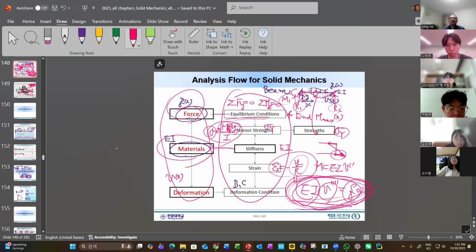I know you're a little bit bothered by solving all the differential equations, but you don't have to worry. We have very nice tools, differential equation solvers, and AI, ChatGPT or any tools. Don't worry about that one. As long as you understand the whole procedure in mind, there are a lot of tools. All you need to do is understand the flow.